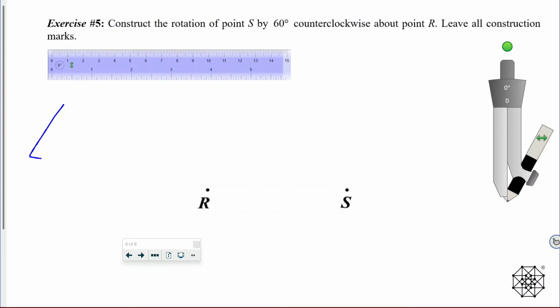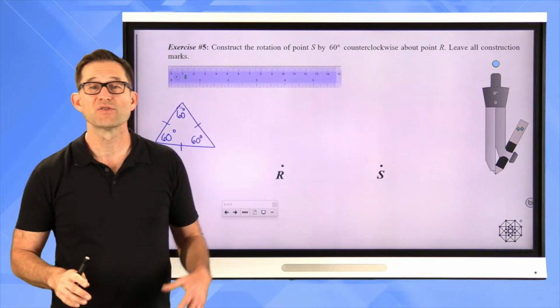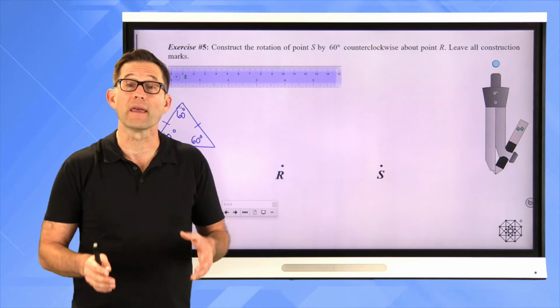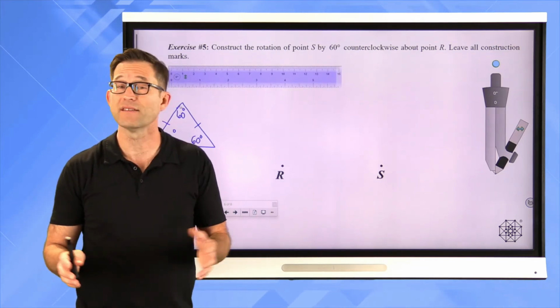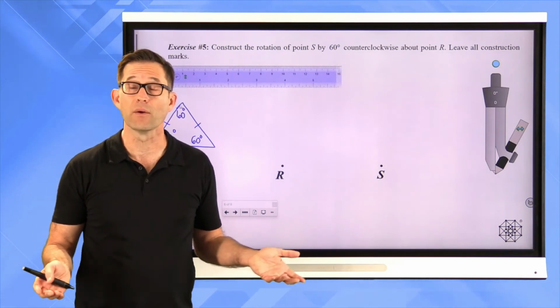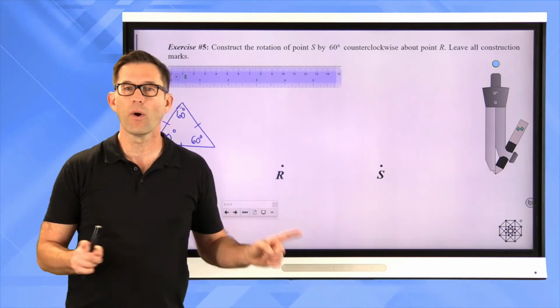When you have an equilateral triangle, a triangle that has 3 sides that are all the same, the angles in that triangle are all 60-degree angles. So the real key to constructing a 60-degree rotation about a particular point is actually just constructing an equilateral triangle.